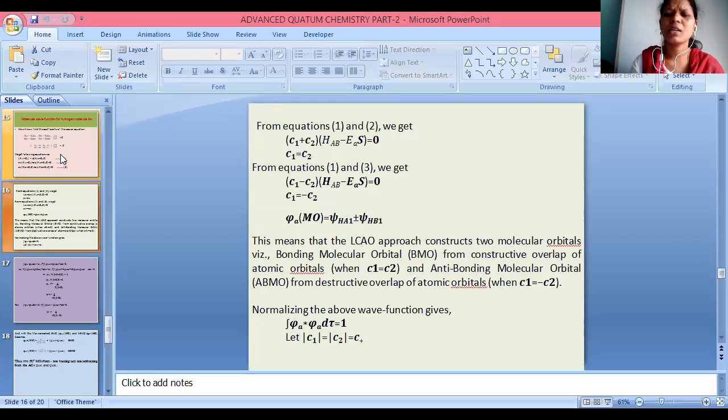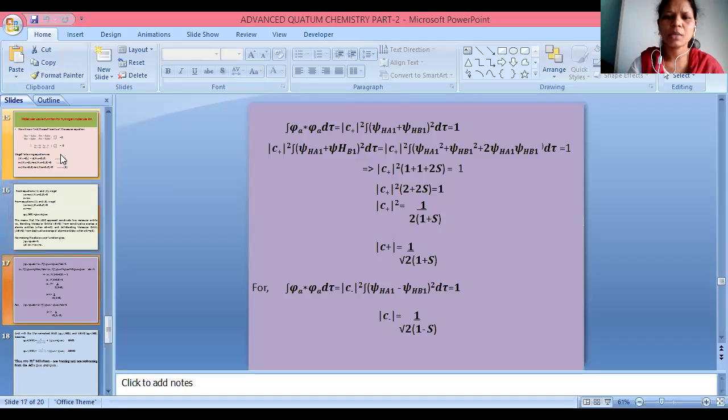Then normalize the above wave function: integral phi star A into phi A into d tau, since it is normalized, is equal to 1. Now let us call modulus of C1 equal to modulus of C2, which is equal to C plus. Let us see what exactly value we will get. Since phi A is normalized, integral phi star A into phi A into d tau is equal to 1.